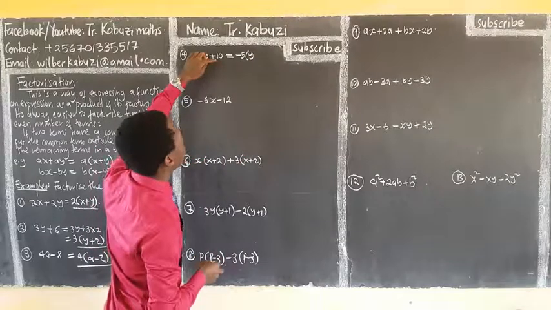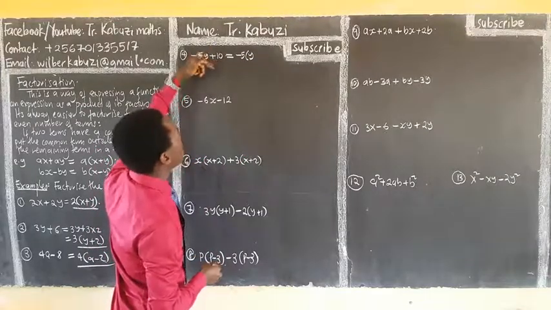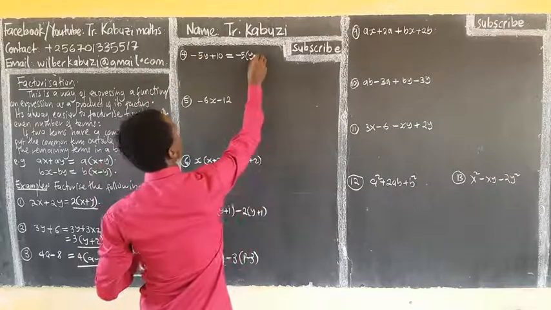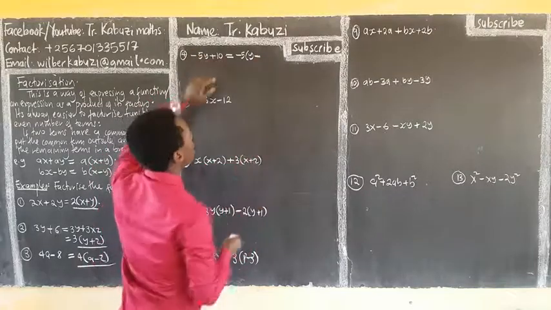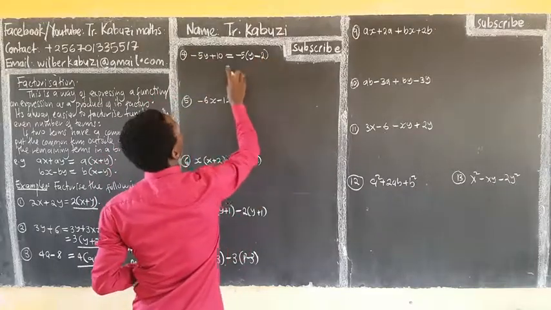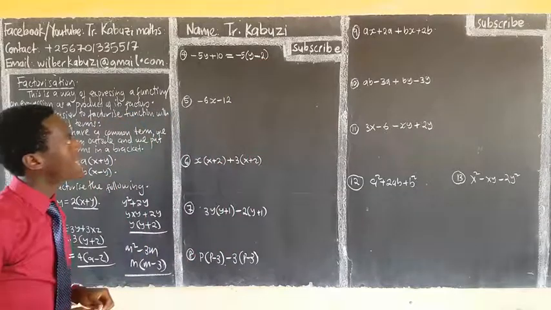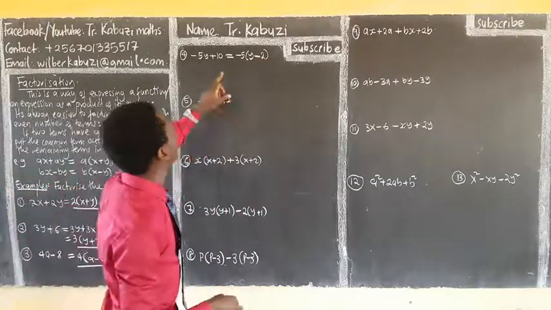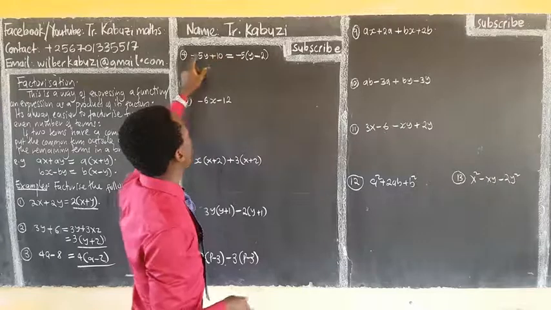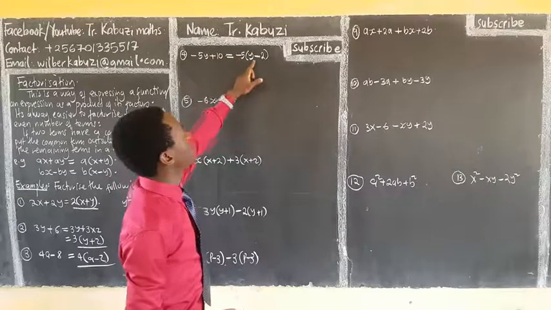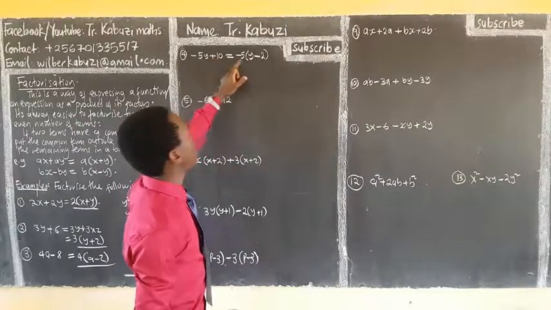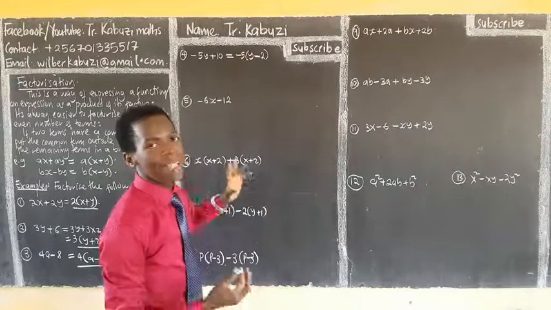Then when you divide here by a negative 5, a negative divided by a positive, you get a negative. Then here, remain with a 2. 5 goes in 10, 2 times. Now, when we expand, we see negative 5 times y, you get negative 5y. The negative and the negative, you get a positive. 5 times 2, you get 10. As simple as that.